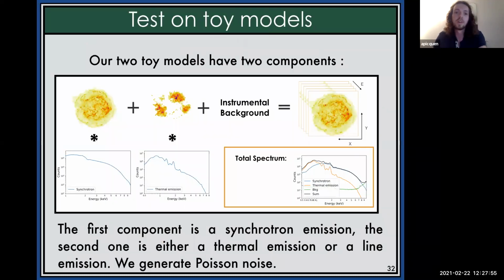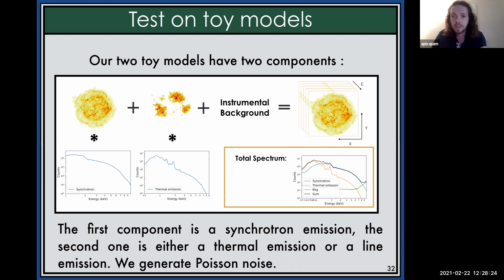So my first paper was about tests on toy models and a benchmark of this method. And we created a fake Cassiopeia A, very simple, with images of a synchrotron emission associated with a theoretical synchrotron spectrum, plus an image of some ejecta component associated with either a line emission or a thermal continuum, plus some instrumental background, and we added some Poisson noise.